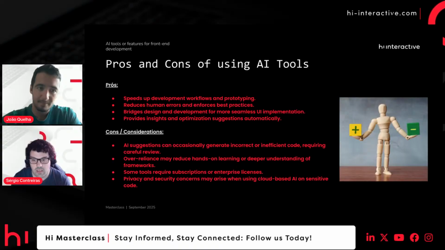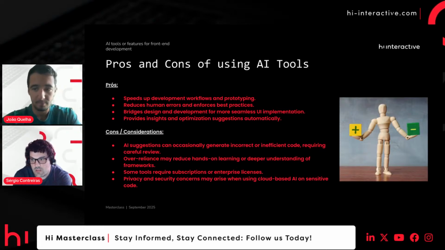With any emerging technology, and we can say that AI is becoming more used every day, we can say that also the AI in front-end development brings advantages and notable challenges that we have to see.